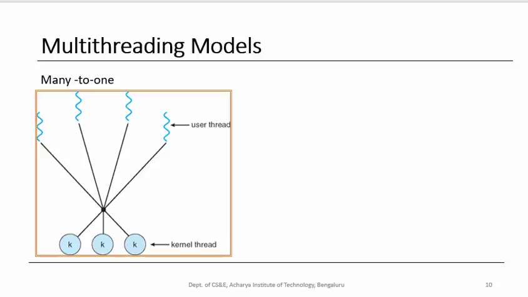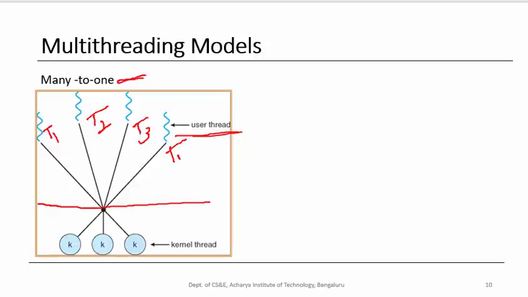The next model is the many to many model. If you look at it, you can easily guess what is happening here. Here, the user threads are mapped to multiple kernel threads, right?